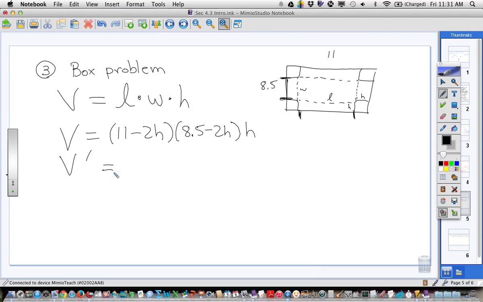You need to write the equation you're solving. So I'm going to do V prime equals 0 here. I don't care that you type it, you copy it onto your paper. And I don't think it's a bad idea. I think it's probably better safe than sorry. Okay. So we do the derivative.